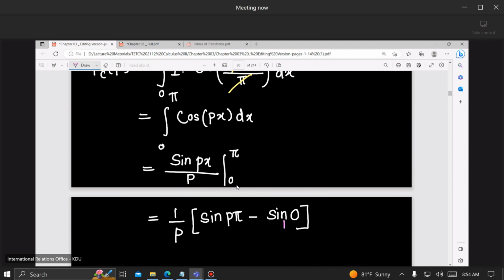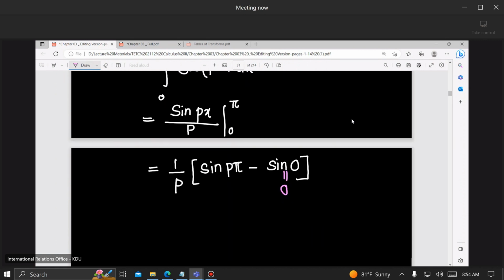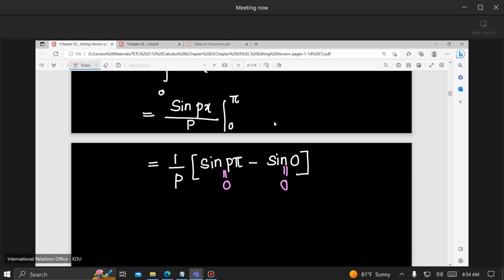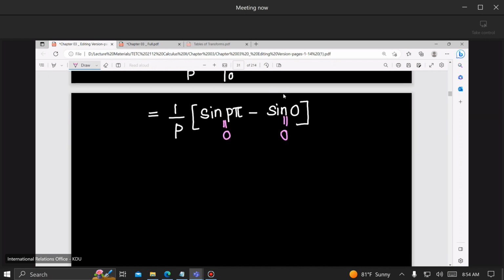This is equal to 0. What about sine p phi? For any value of p, sine p phi is equal to 0, because, as we recall, sine n phi is equal to 0 for every n. So we use that expression here with n equal to p, and this is equal to 0.